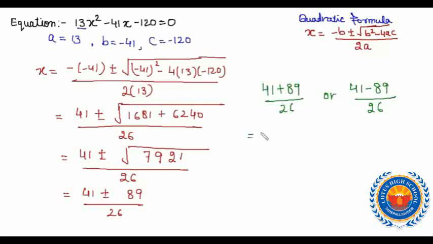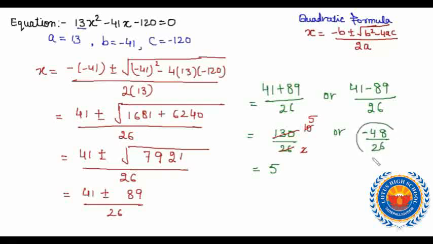So on solving this one, we get 130 divided by 26, and these cancel with each other as 13 tens are 130, and 13 twos are 26, so the value comes out to be 5. On solving the other, we get a negative value, and as time is negative, we may neglect it.